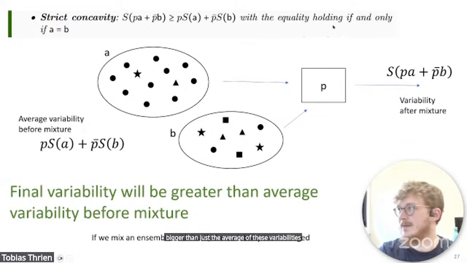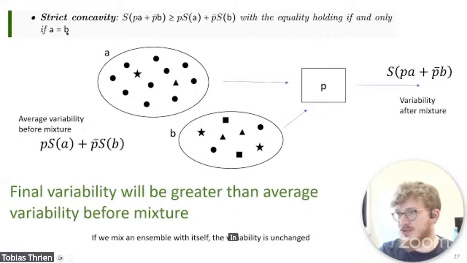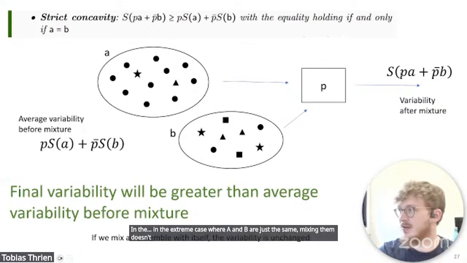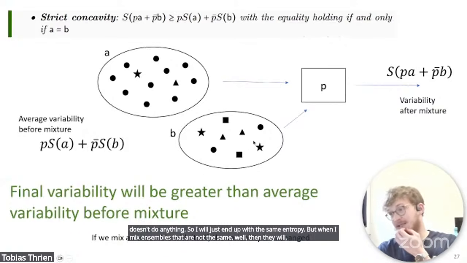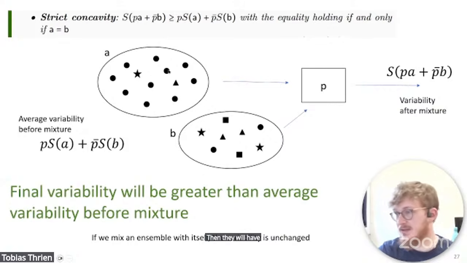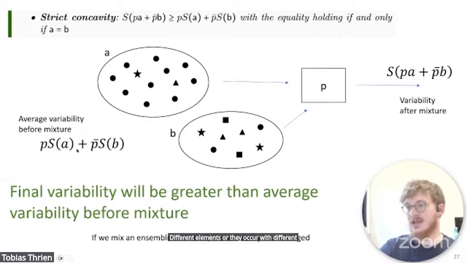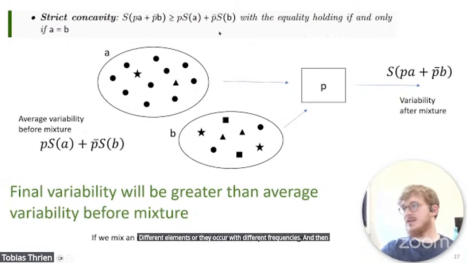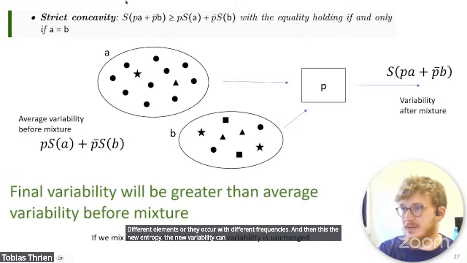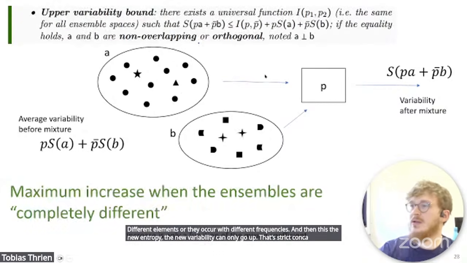In the extreme case where A and B are just the same, mixing them doesn't do anything, so I will just end up with the same entropy. But when I mix ensembles that are not the same, they will have different elements, or they occur with different frequencies. And then the new entropy, the new variability, can only go up. That's strict concavity.